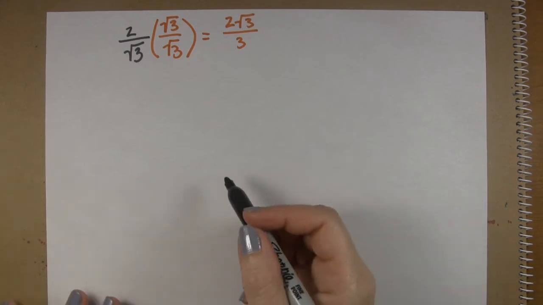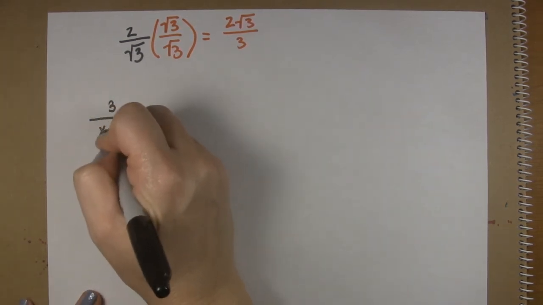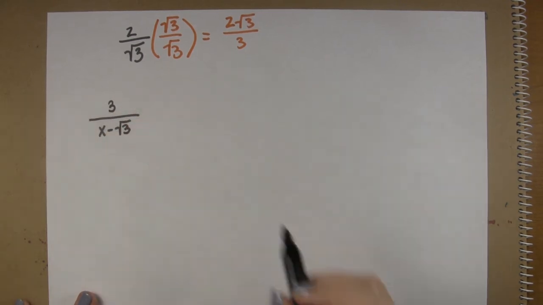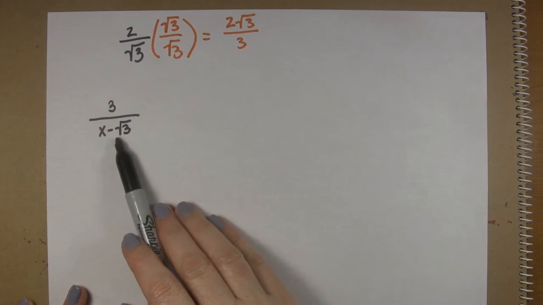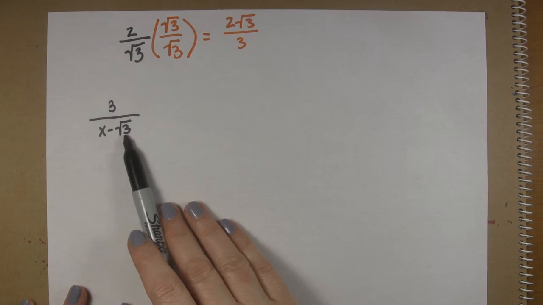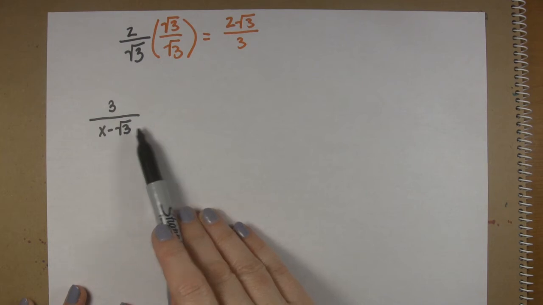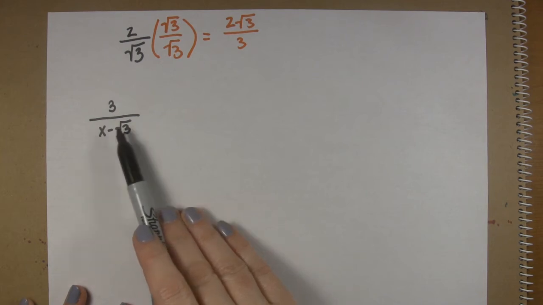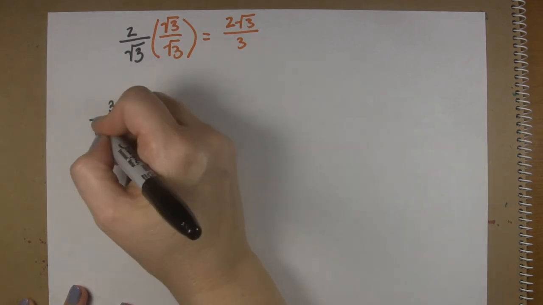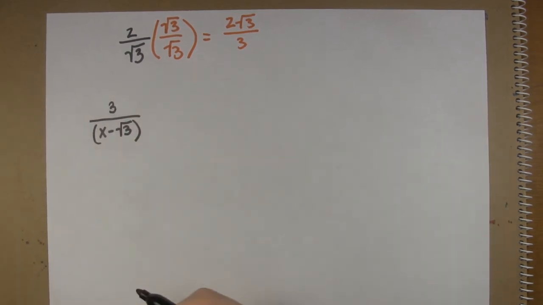It gets a little more challenging when we have a fraction that looks like this. This is more challenging because it's not the entire denominator that is underneath the radical sign. It's just part of it. And we cannot just multiply the top and bottom times radical 3 because when we FOIL this with anything, we would still wind up with a radical sign.